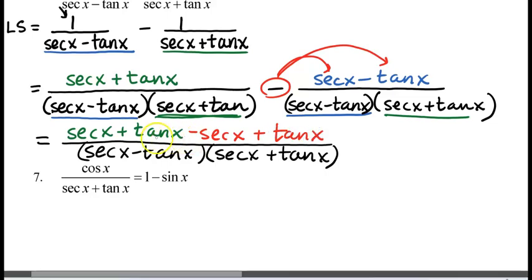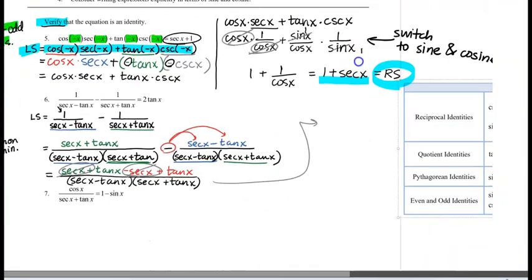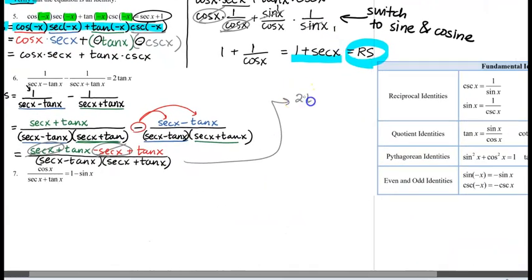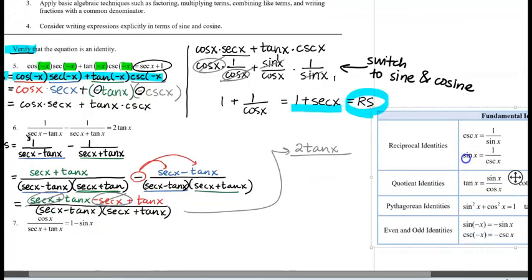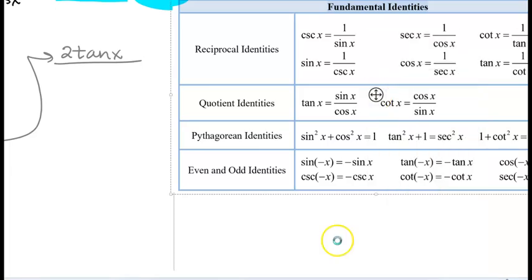So when we distribute that negative, we can see that these secants cancel out, and in the numerator, we're left with tan x plus tan x, which is 2 tan x, and in the denominator, we're left with the product of secant plus tangent, secant minus tangent.